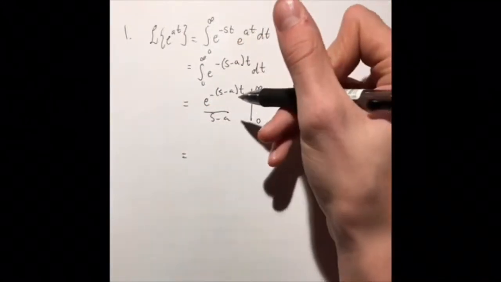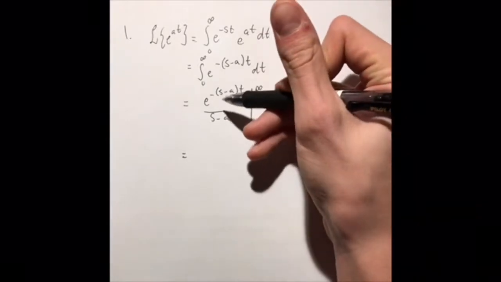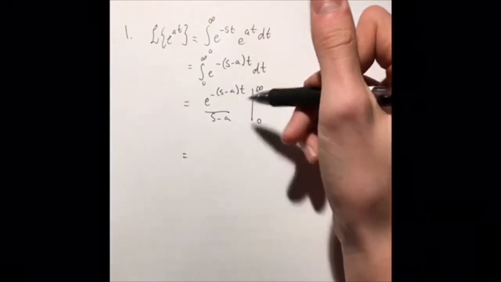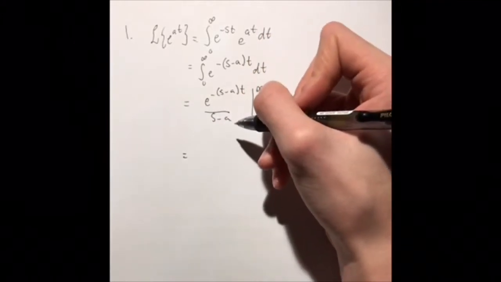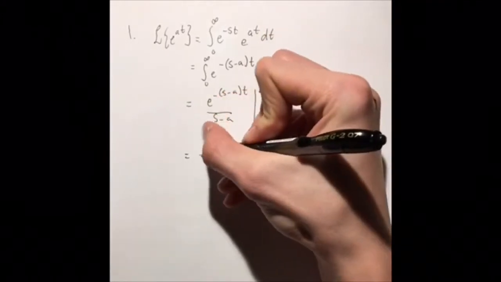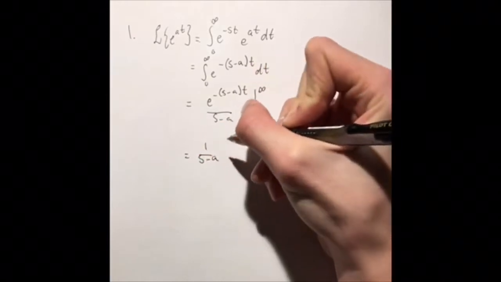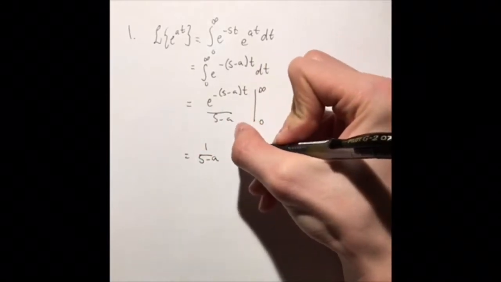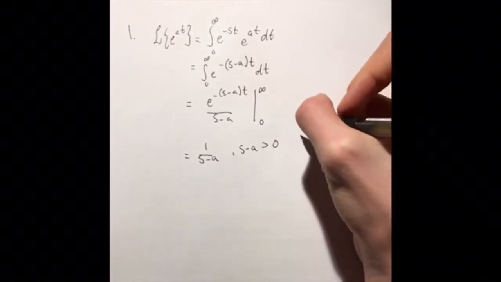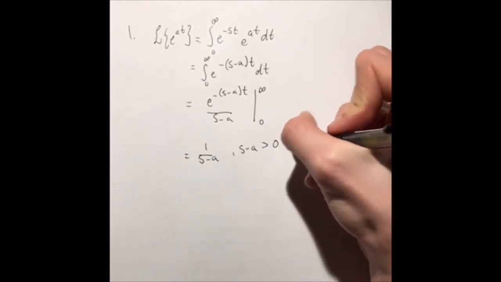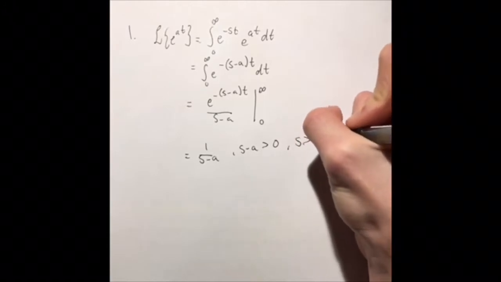When you plug infinity into e to the negative t, you simply get 0, and when you plug 0 into it, you simply get 1 over s minus a, provided that s minus a is greater than 0. That is, s is greater than a.